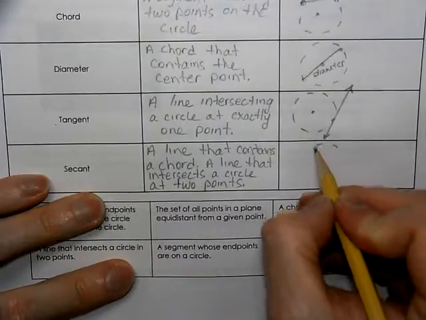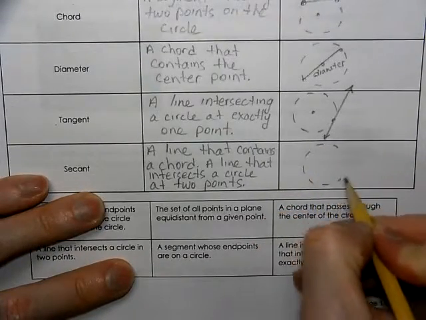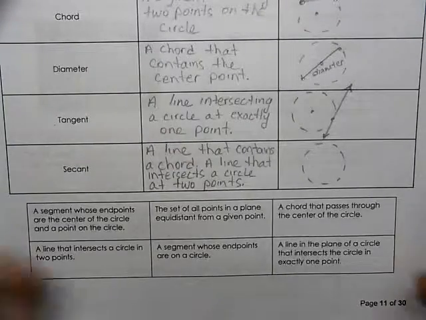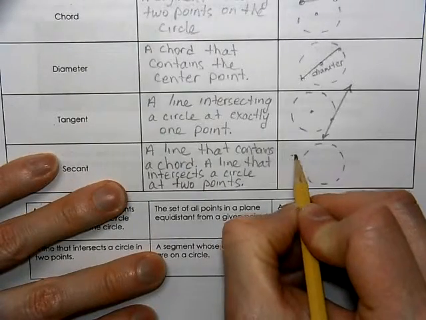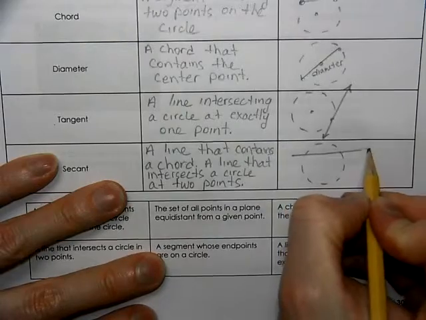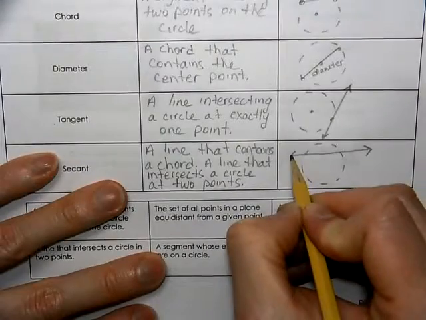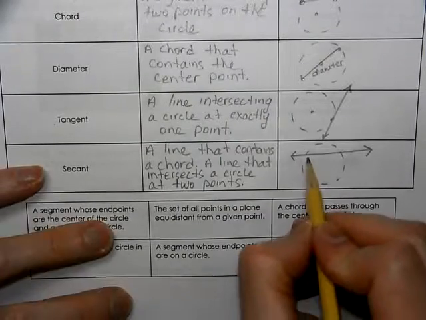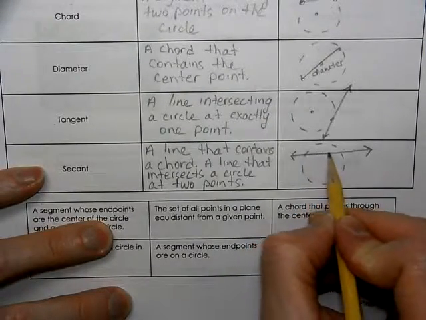So what that's going to look like is our circle. I'll make it dash because that's not the important part on this definition. But it's a line that goes through the circle, not just a segment, but a line. So it has arrows at both sides, but it contains a chord.